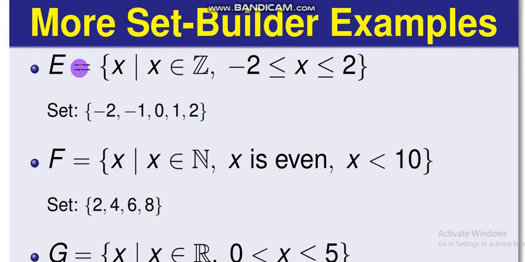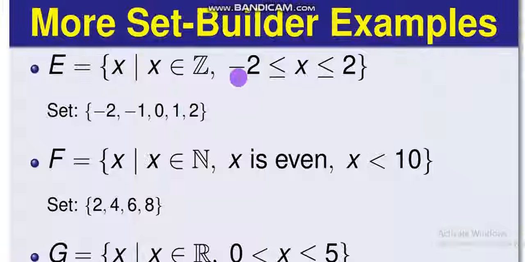Here is set E. Set E is a set of X such that X is an element of Z, the integers. The second condition here is -2 is less than or equal to my X, meaning my X is greater than or equal to -2.